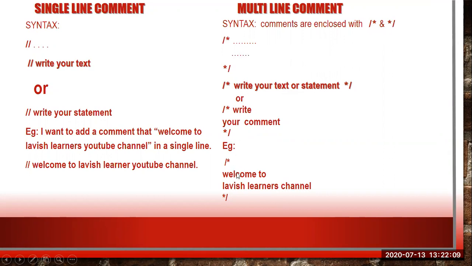For example, I want to write welcome to in one line, and in the next line add Lavish Learners channel. So first start your comment with forward slash followed by star, write your statement, and close the comment with star and forward slash. This is what a multi-line comment is.